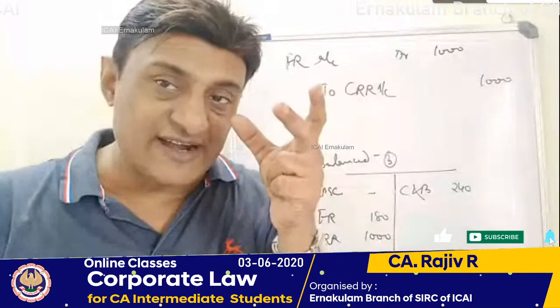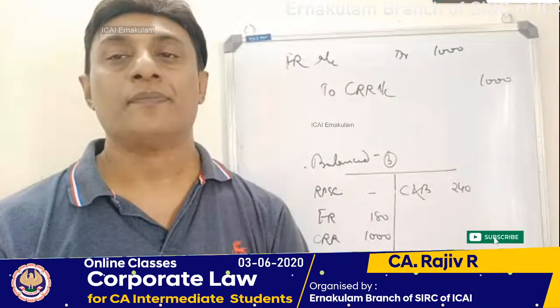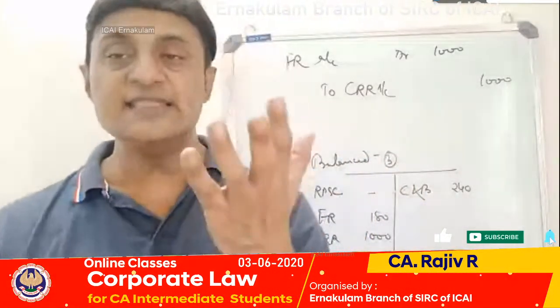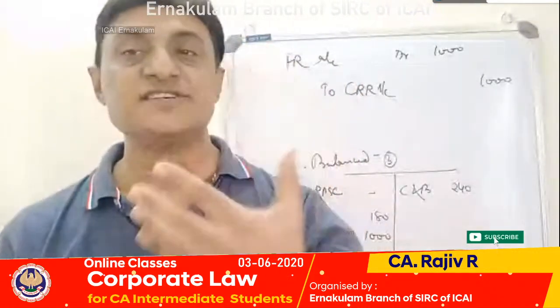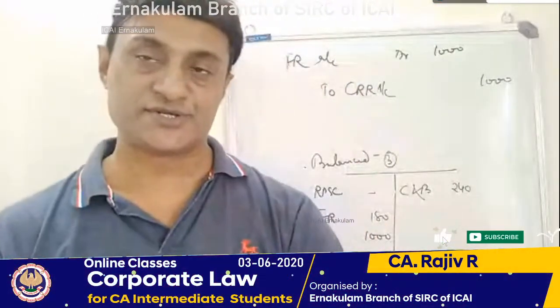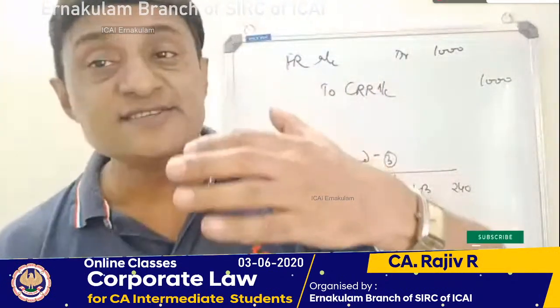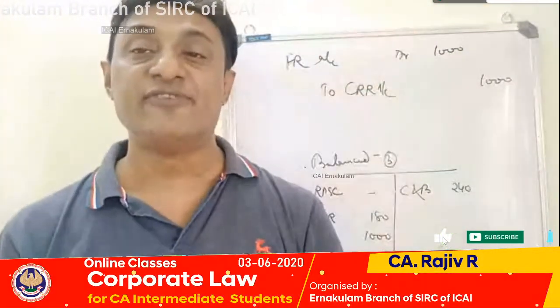It is only funds and it is not cash. So the logic behind passing that journal entry, or transferring from the existing free reserves to capital redemption reserve account, is to ensure that the creditors are unaffected by an increase in leverage.